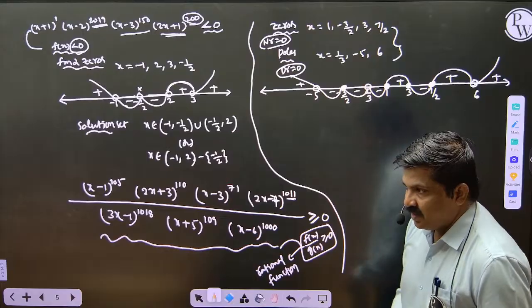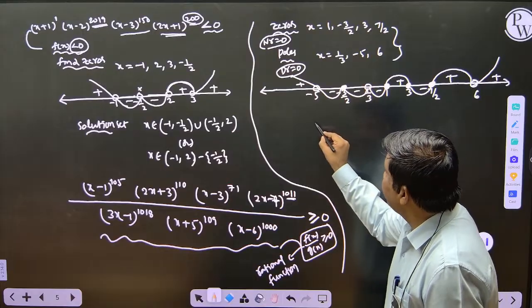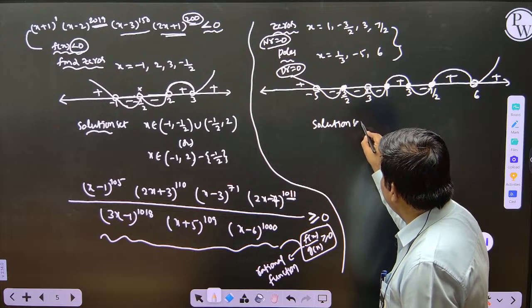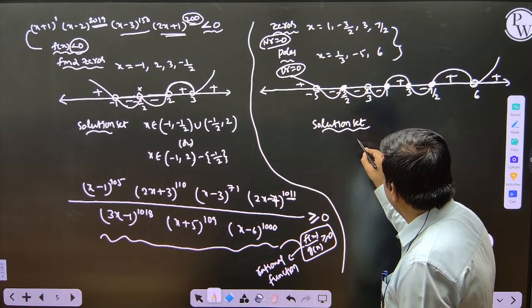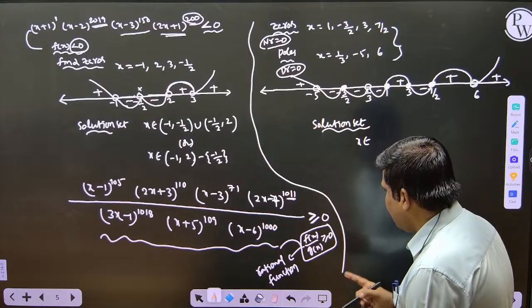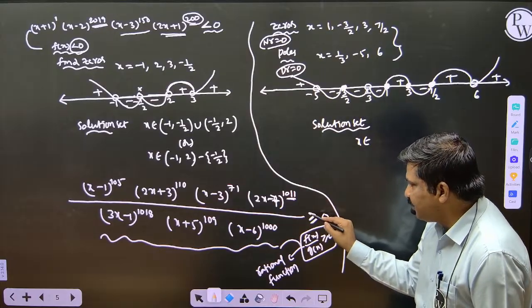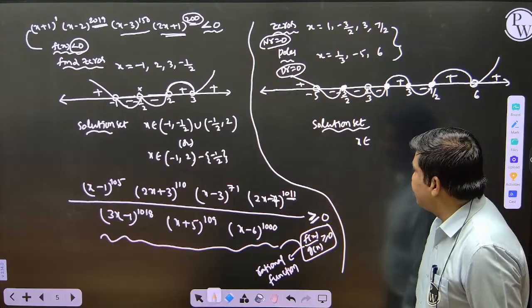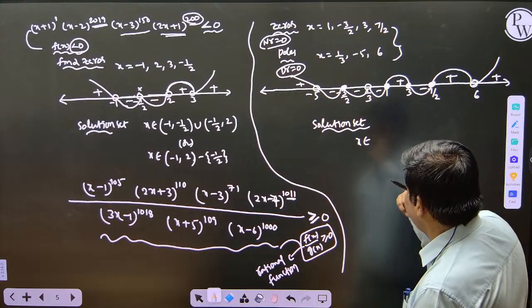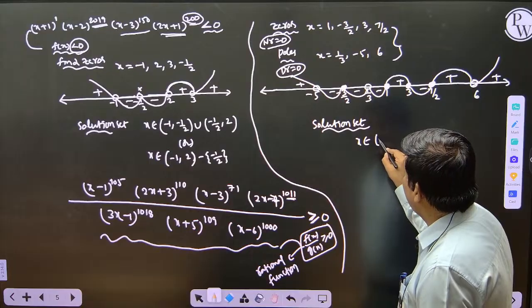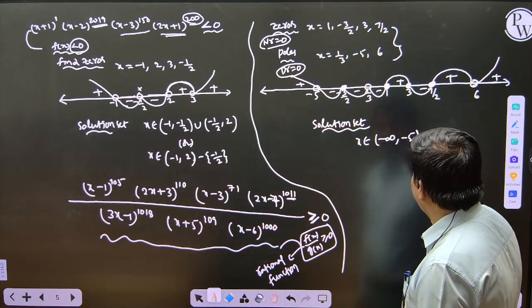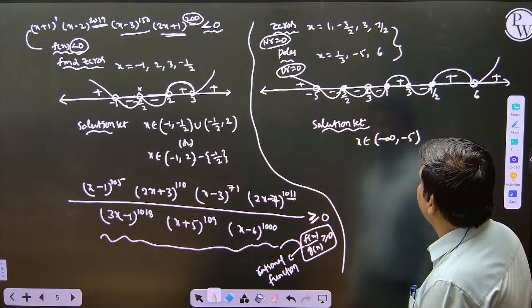Now we are going to write the solution set. X belongs to: we write only the positive part and 0. What is the positive part here? Minus infinity to minus 5, open, because minus 5 is not included.